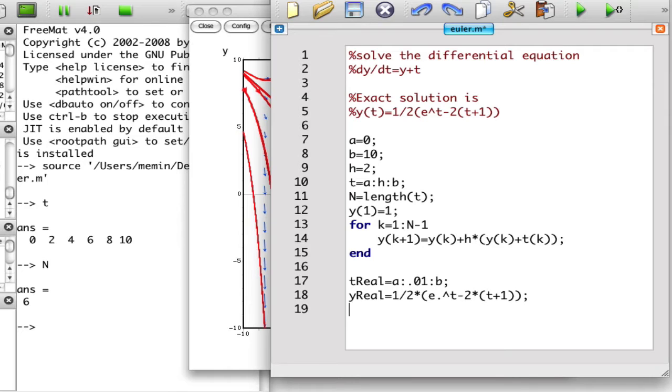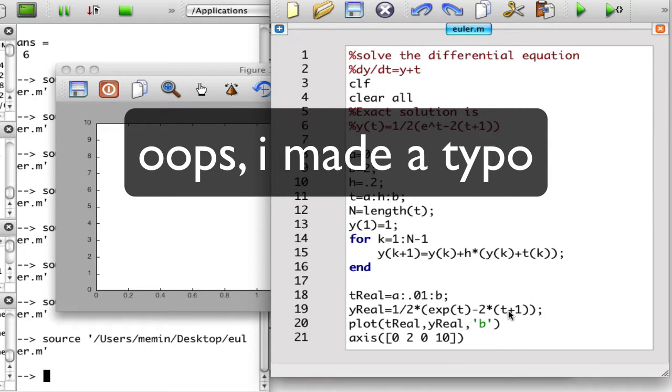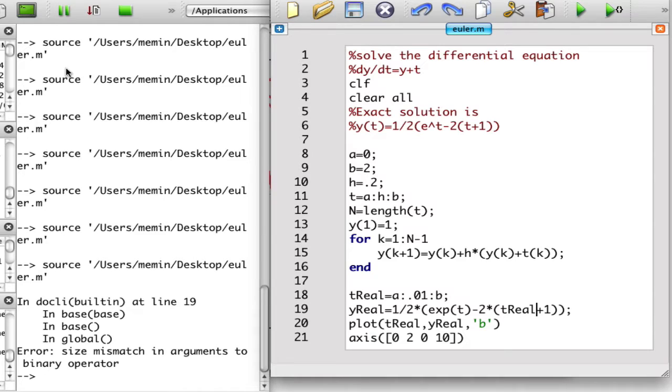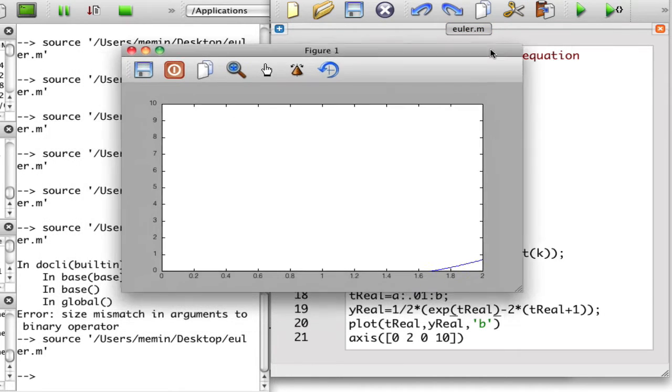Notice that this is going to have a lot more values than my approximation, so that I can get a nice smooth curve. So I'm going to plot t real, and then I'm going to plot y real. And let's see what that looks like, just for now. This t value is t real, not t. Duh. T real. Get real. There we go.